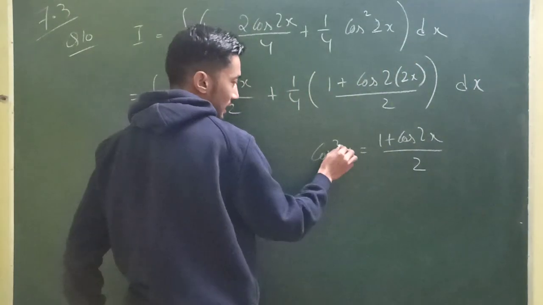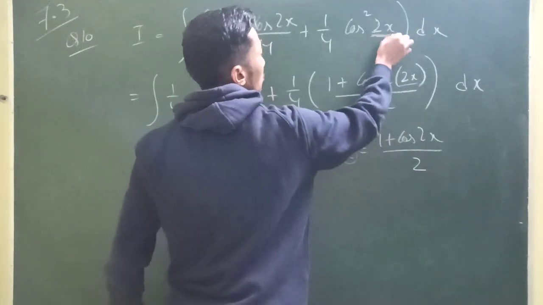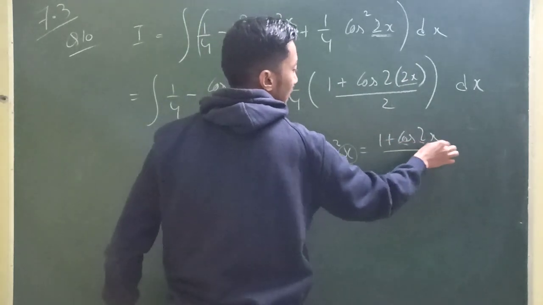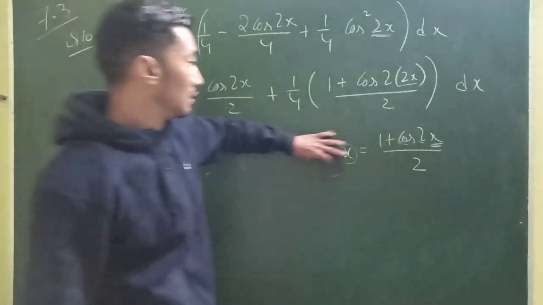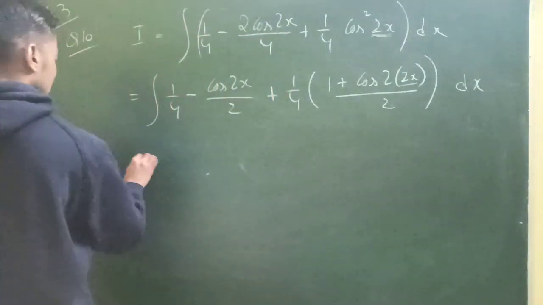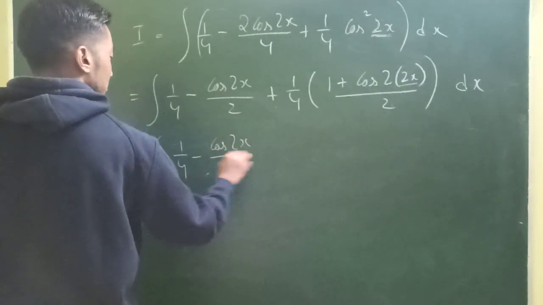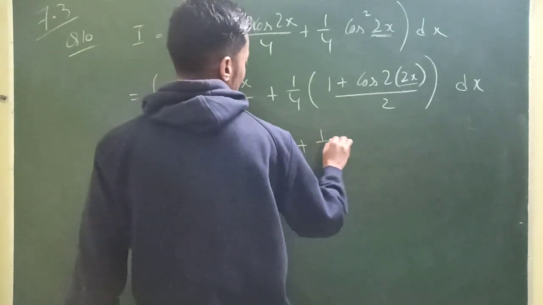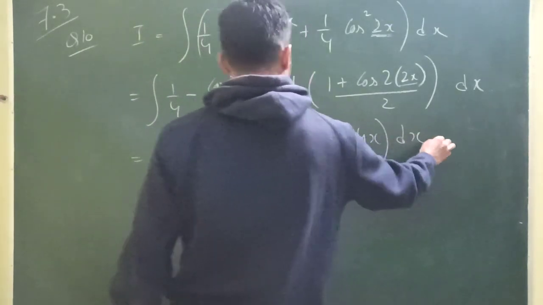Because see, cos square x, but what is the value for our x angle here? It's 2x. So 1 plus cos of 2 times 2x. x is 2x. So that's the reason why. Okay? Alright, so let's simplify this. 1 by 4 minus cos 2x by 2 plus 1 by 8 plus 1 by 8 cos 4x.